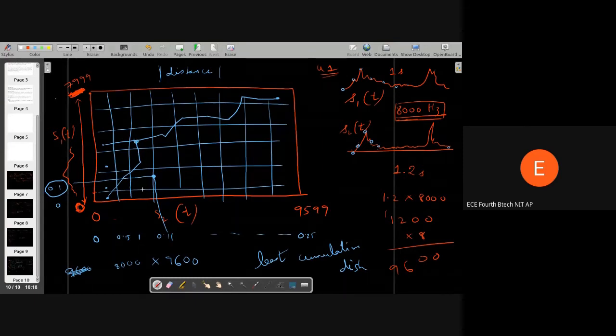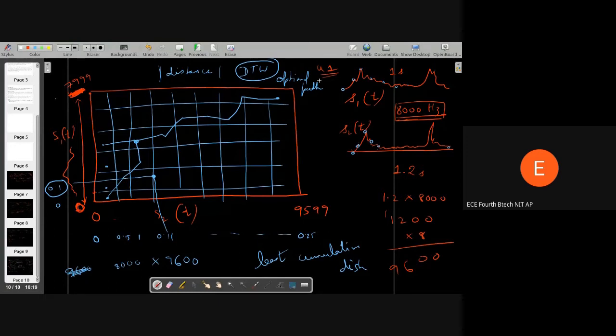So DTW is a technique which will find you the best or optimal path to match two given templates, two given data templates, or two given signals.